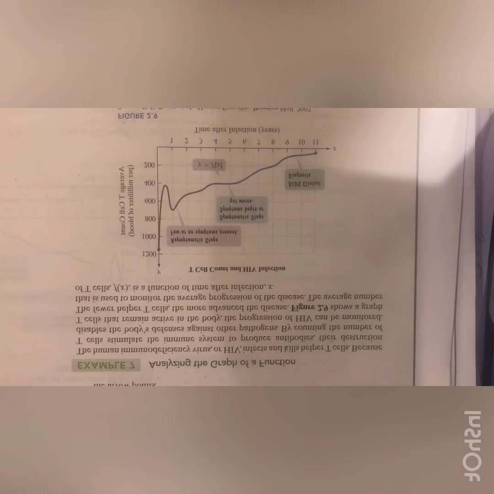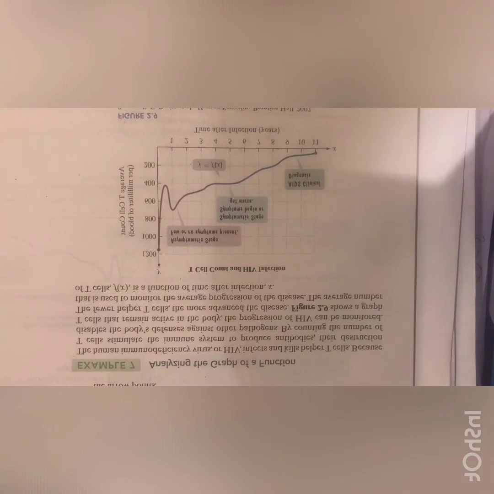By counting the number of T cells remaining in the body, the progression of HIV can be monitored. The fewer helper T cells, the more advanced the disease. So we're going to take a look at the figure below to monitor the average progression of the disease. The average number of T cells, f of x, is a function of time after infection x.